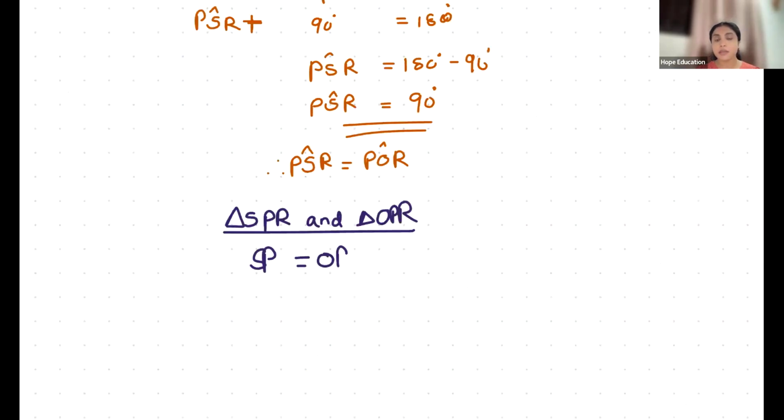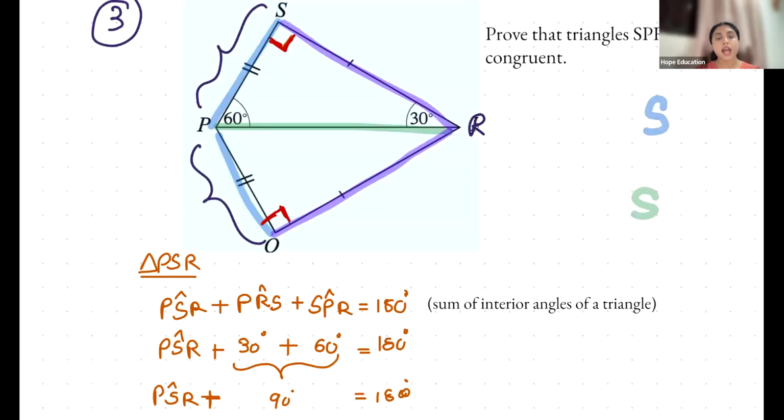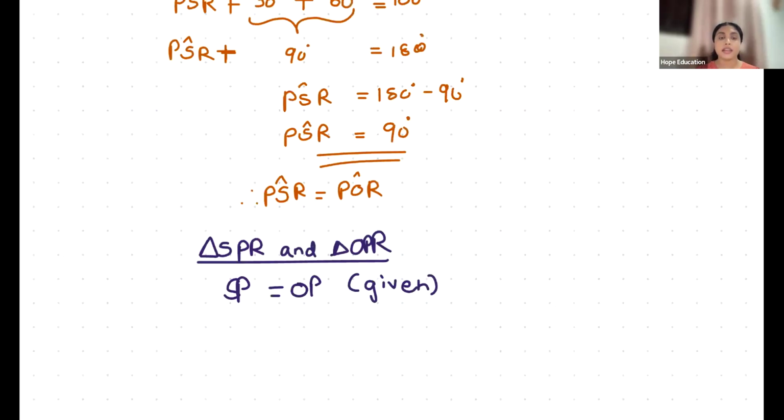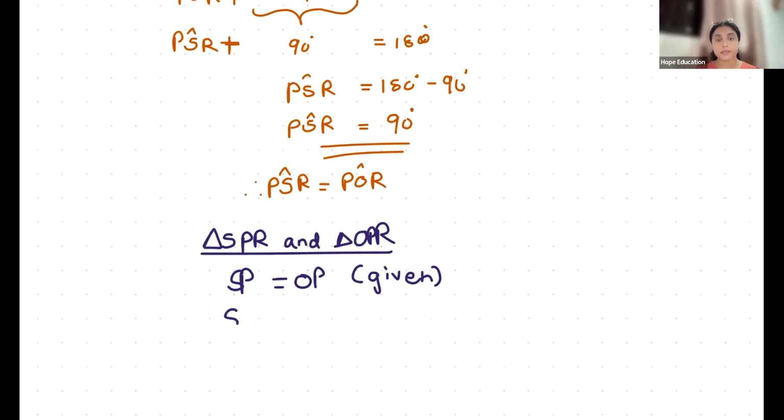The reason is given because they have clearly given that, right? Then SR is equal to OR. That is also given, no? So SR is equal to OR. That is also given.